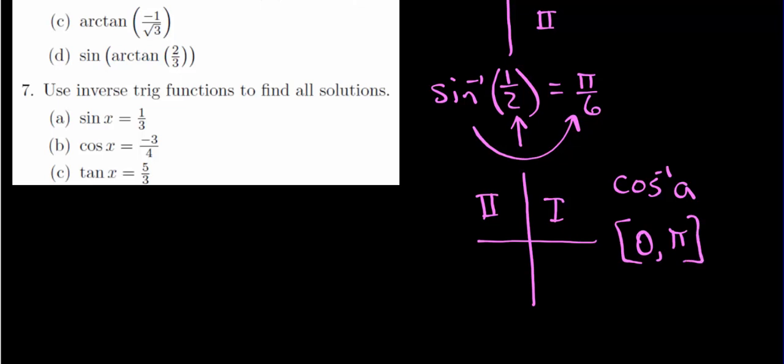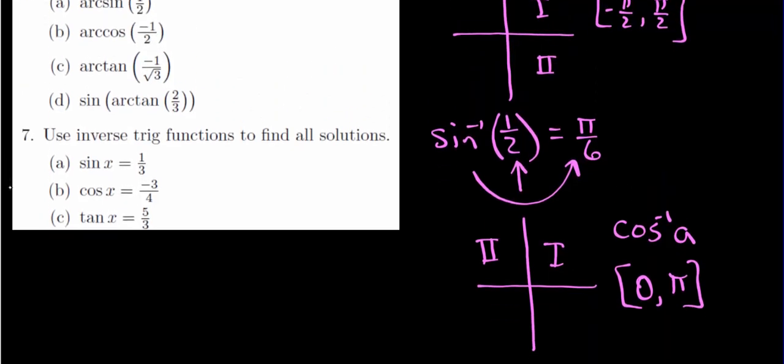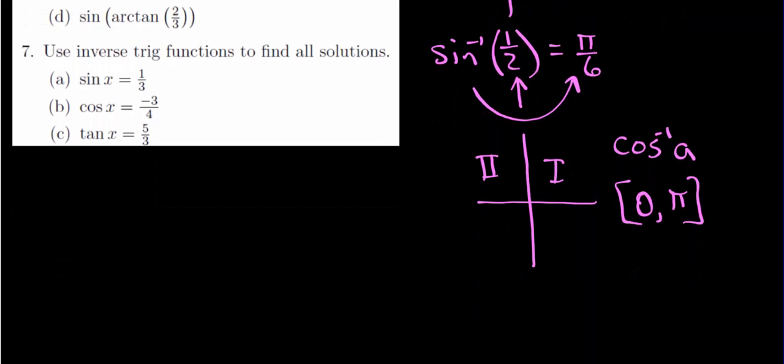That's the output for inverse cosine. So if we have inverse cosine of 1/2, that's going to be pi over 3. Even though the cosine of 5 pi over 3 is also 1/2. You have to limit your output, in the case of inverse cosine, to values between 0 and pi.